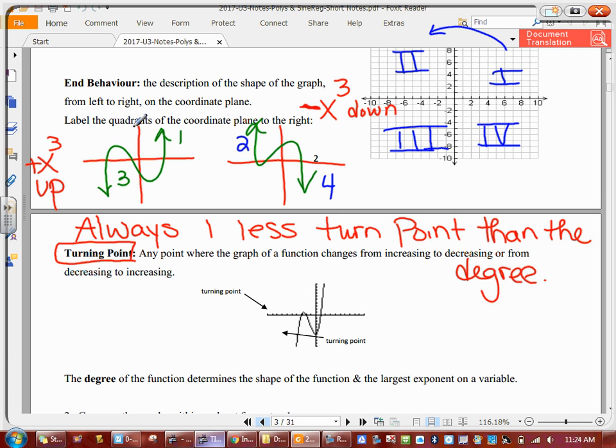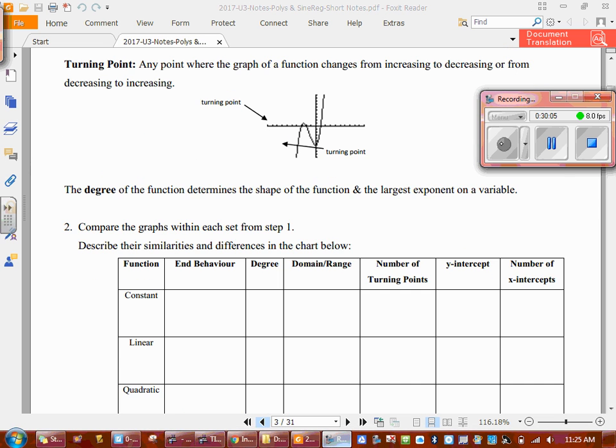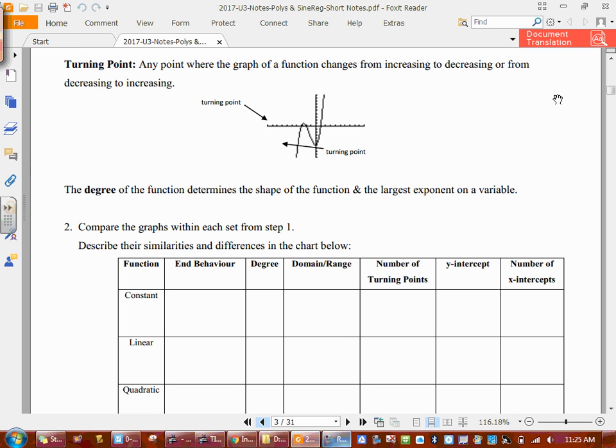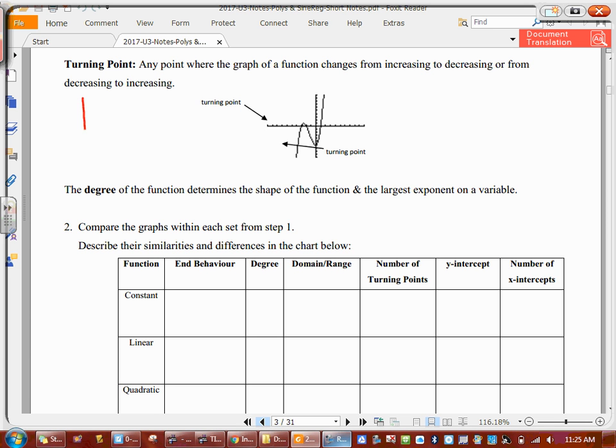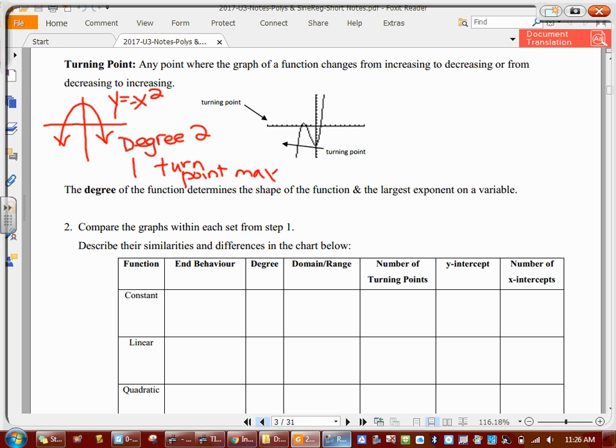So again, just to recap, if I've got an x squared, y equals negative x squared here in this case, negative because it's going down. So degree 2 has 1 turn point, maximum. It's always 1 less than the degree. So degree 2 can only change directions once. Degree 3 can only change directions twice. Degree 9 can only change directions 8 times.